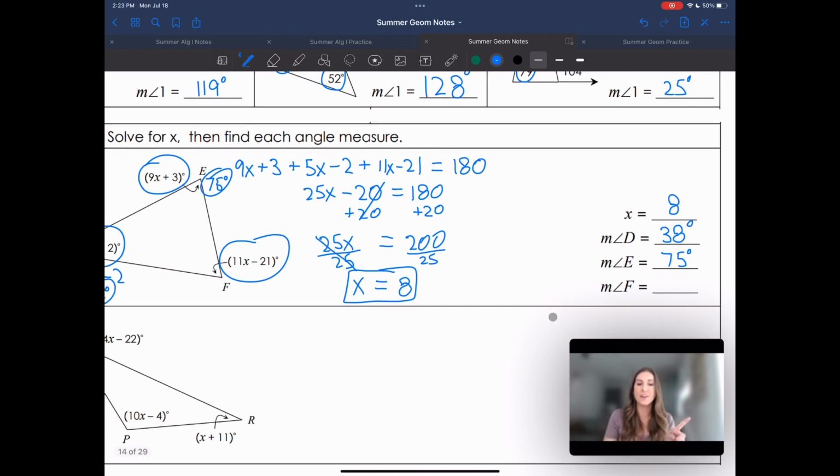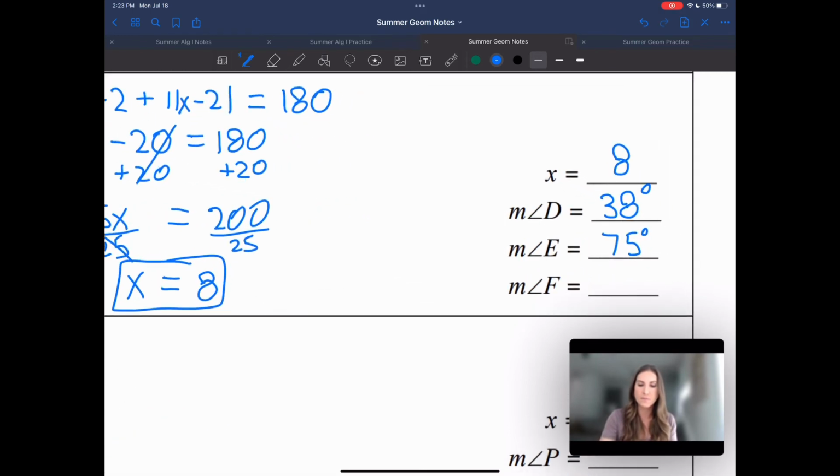And then our last one, measure of angle F. Now I will say you could go about this one of two ways. Now that you know 2 of the angles of the triangle, and you know they all add to 180, you could just add up these 2 and subtract from 180. You know what, I'm gonna do that actually. Let's do 38 plus 75. We get 113, and we're gonna do 180 minus 113 to give us our last angle, which I'm getting 67 degrees.